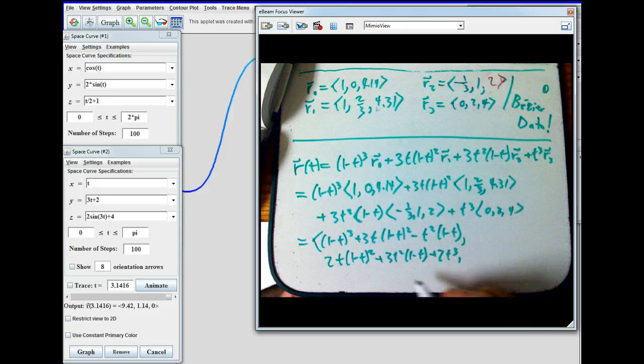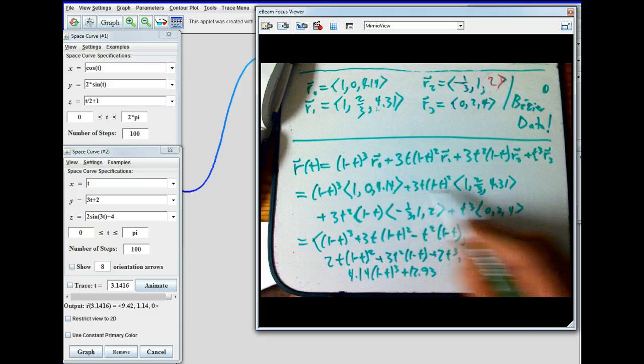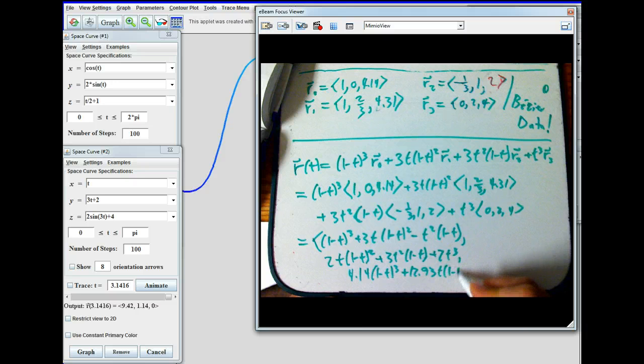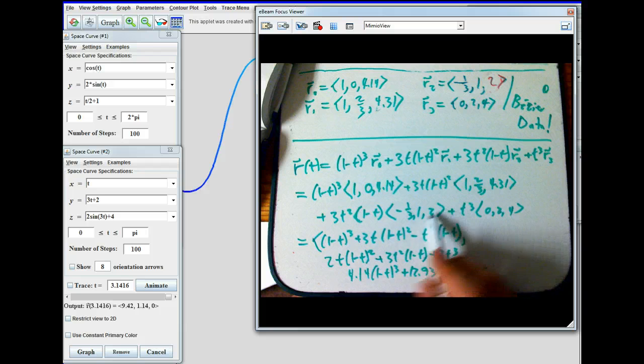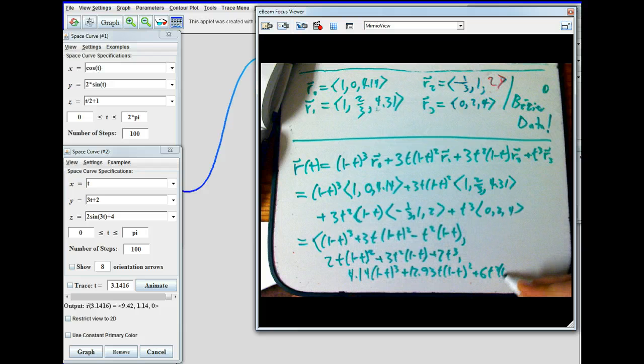And then the last component, 4.14 times the quantity (1 minus t) cubed, plus 12.93, and that's coming from here, t times (1 minus t) quantity squared, plus 6, 2 times 3, t squared (1 minus t), and then plus 4t cubed.